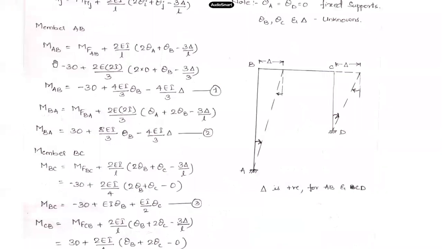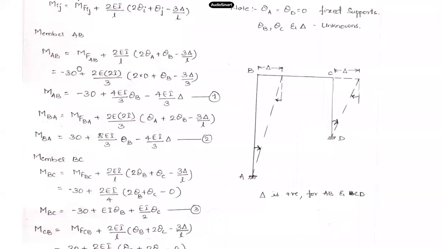So here MAB comes out to be MFAB plus 2EI by L into 2 times theta A plus theta B minus 3 delta upon L.